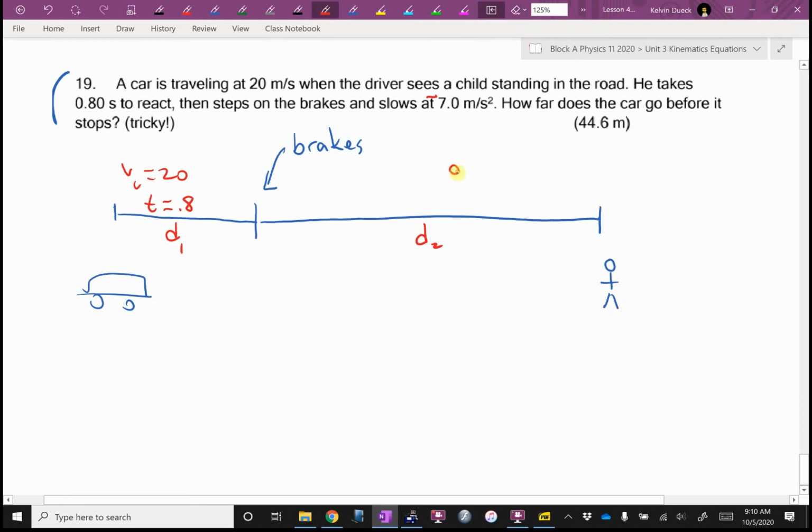So over here, stops. Which side? Before brakes or after? Right now, how many things do I know before I hit the brakes? How many things do I know after I hit the brakes? Not enough.